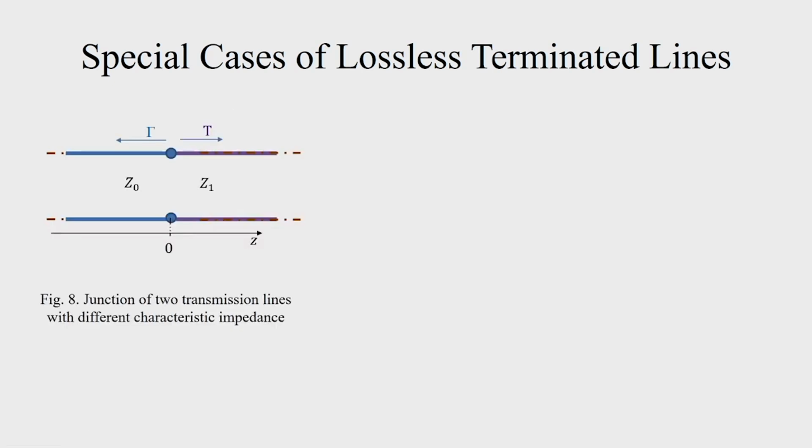Let us now come to another special case where we consider a junction of two transmission lines with different characteristic impedances. So, we can see that the line shown in blue has a characteristic impedance Z naught, and it is connected to another line having a characteristic impedance Z1.